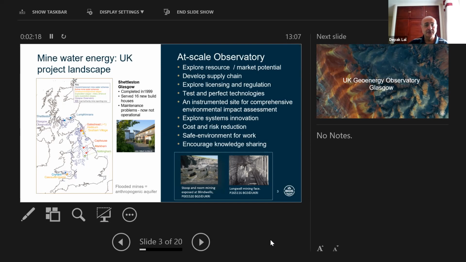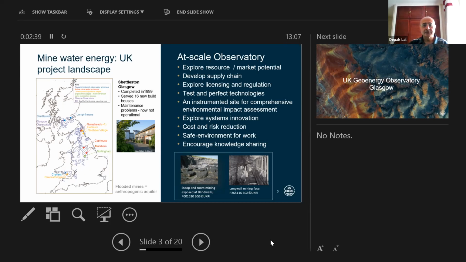What we have is flooded mines, which are anthropogenic aquifers. So what we've got at Glasgow is an at-scale development and research facility. You can explore the resources available below ground, the market potential, develop supply chains, explore licensing and regulation, test and perfect technologies.